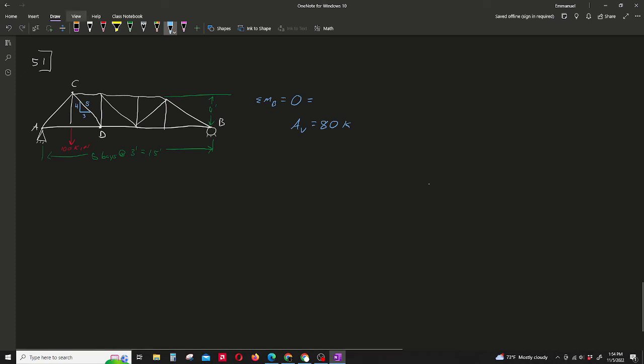And so therefore, if we take our free body diagram, this is 80. This is 100.